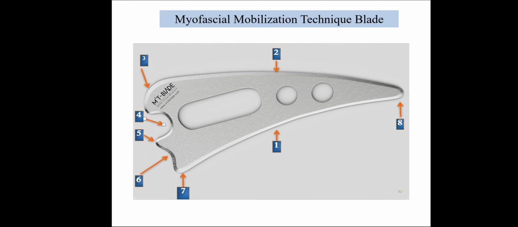The second one is known to release the deep muscular structure. The third one is the part present between second and the fourth, which is also known as 2.8 edge. This edge is used to release the trigger points.